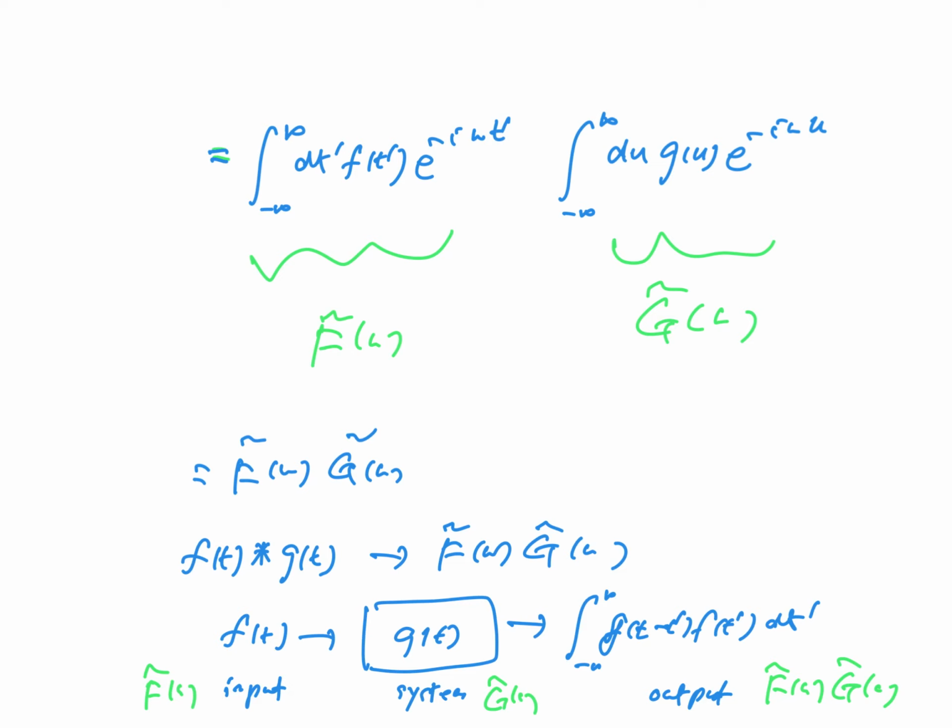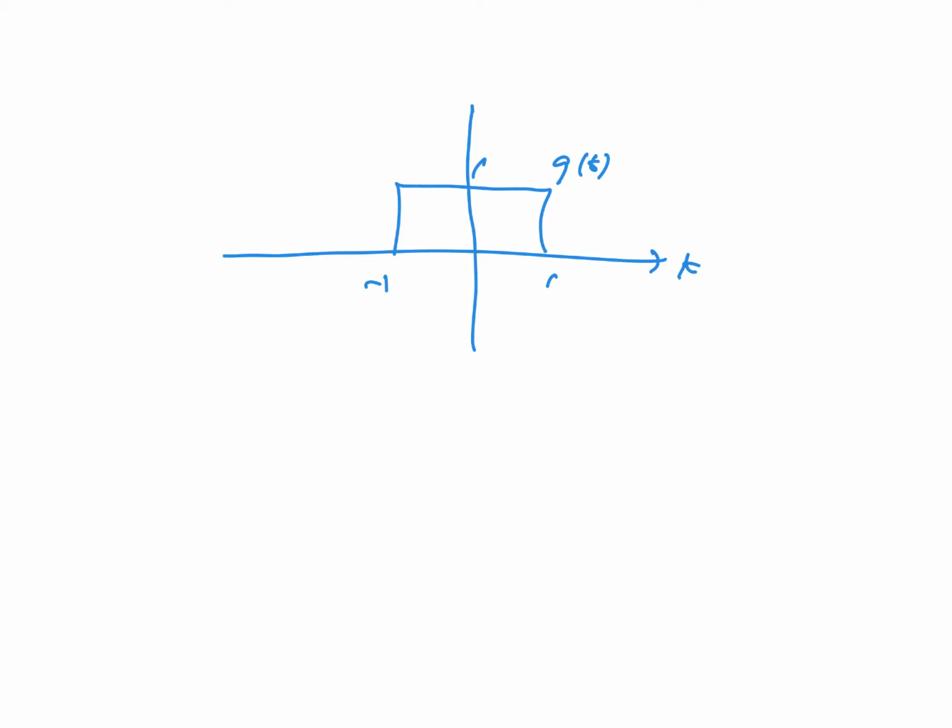As an example, assuming the system response function is given by the following: g(t) is 1 for t between minus 1 and 1, and zero otherwise. Sorry about the alarm.